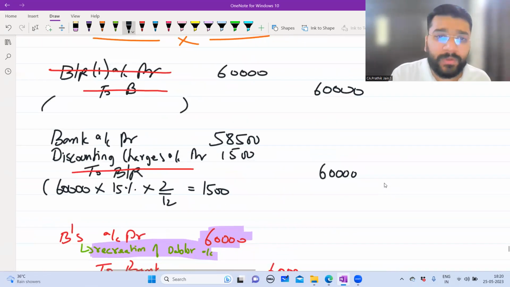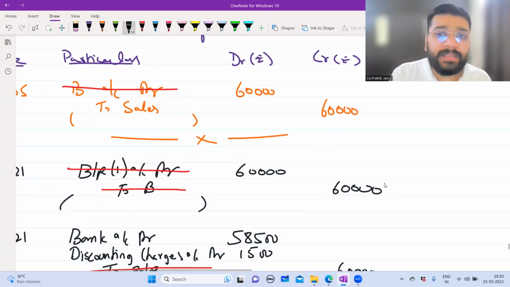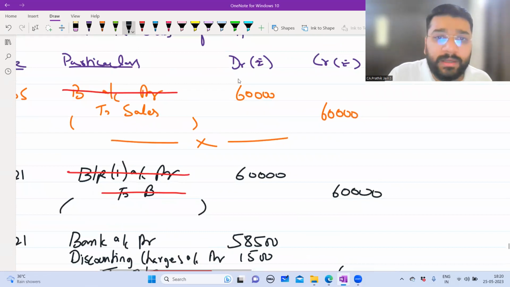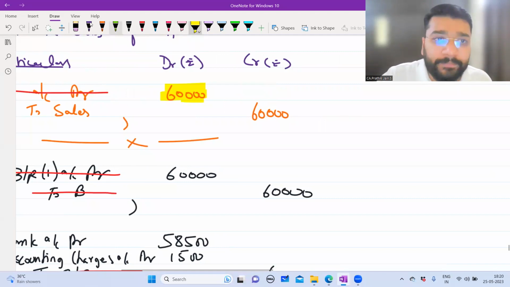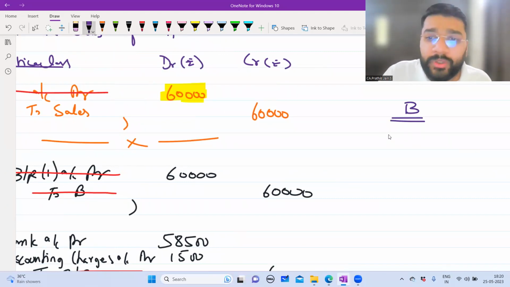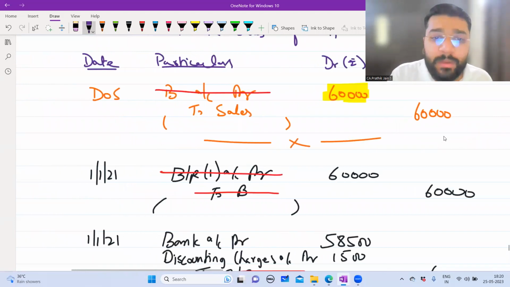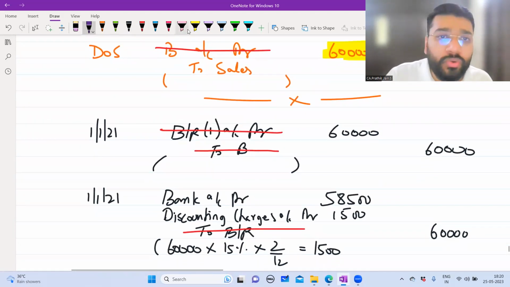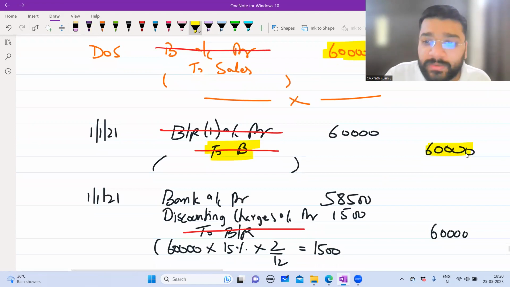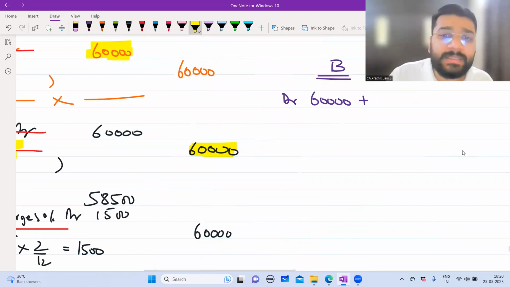Guys, listen to me very carefully, okay? When the sale was done here, what did you do? You debited B 60,000, means positive 60,000. Then once the bill was executed, you credited B with 60,000. If debit is positive, credit is negative.